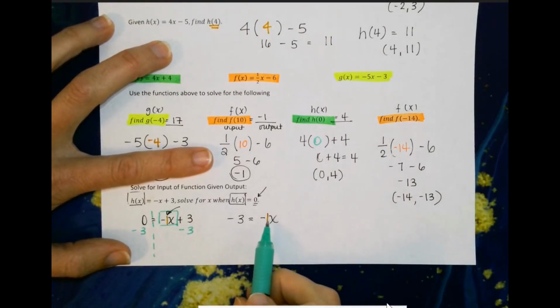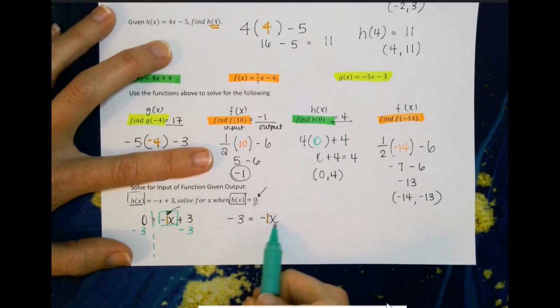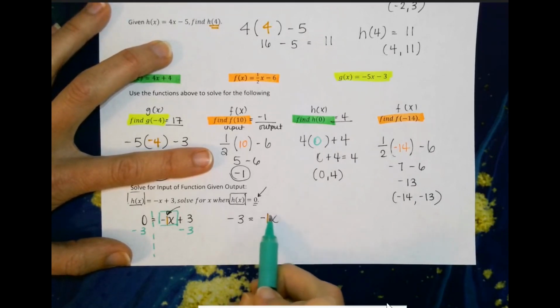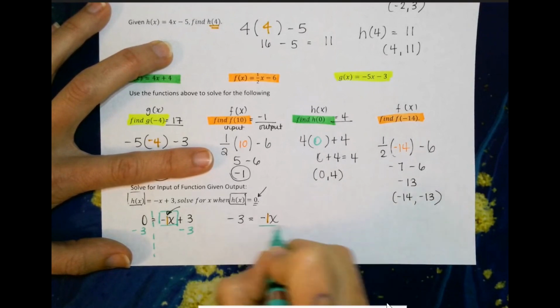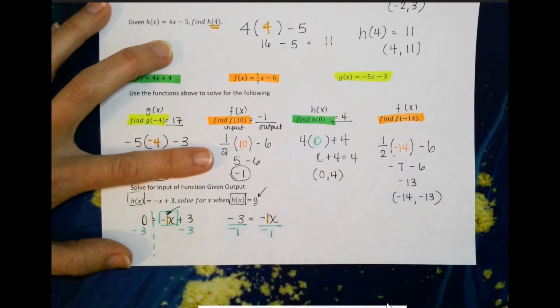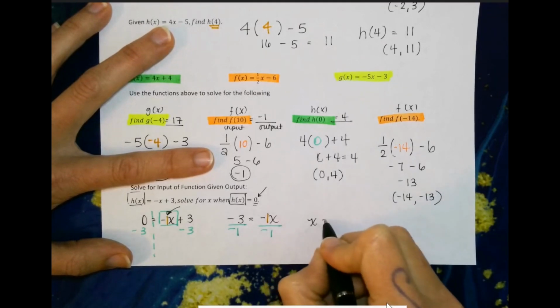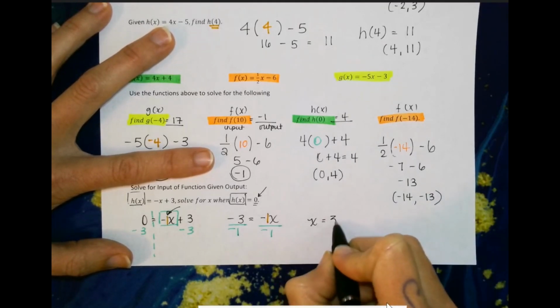So that's negative 1x. What operation is this that's showing? Yeah, right. Any number attached to x without a sign or an operation is going to be multiplication. So we're going to divide by negative 1. Negative 3 divided by negative 1 is going to give me what? Positive 3.